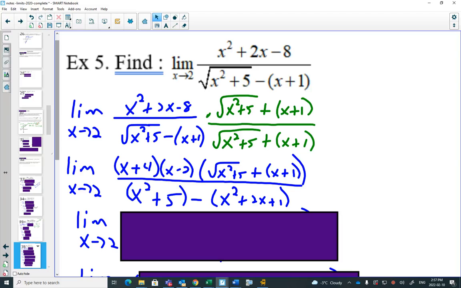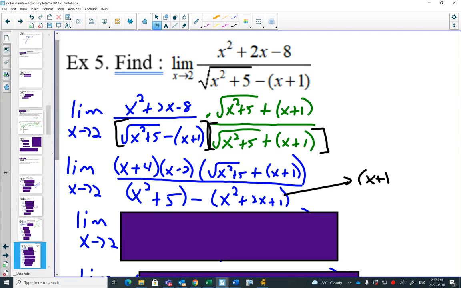First of all, when you do multiply, and I'll put this in brackets, this difference of squares here, well, the square roots will cancel, and you'll just get x squared plus 5. It's a difference of squares, so there'll be a minus sign here. And then in the brackets here, I just expanded x plus 1 squared.